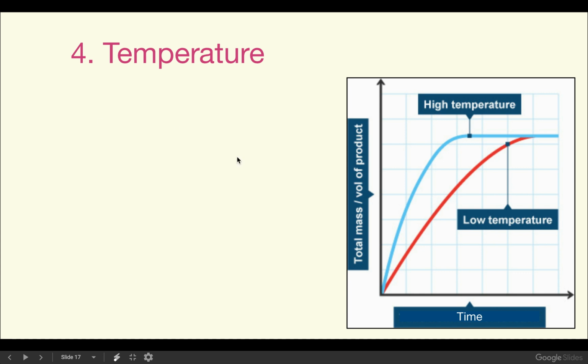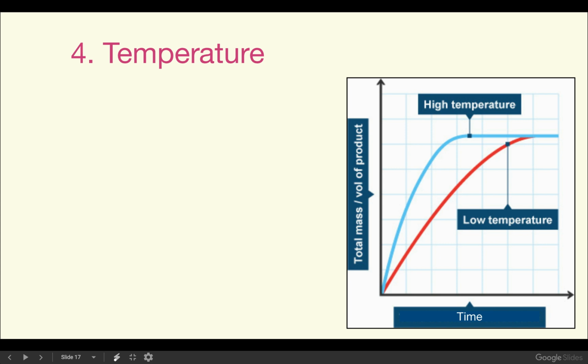The next thing then is the temperature. Temperature has a bearing, because the higher the temperature, the more it increases what we call kinetic energy. You remember kinetic energy from second year, because kinetic energy is basically the amount of movement of the particles.